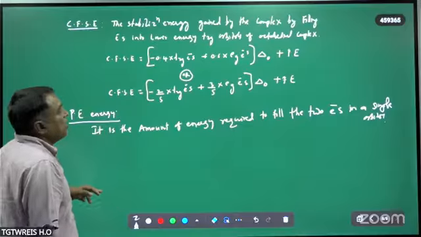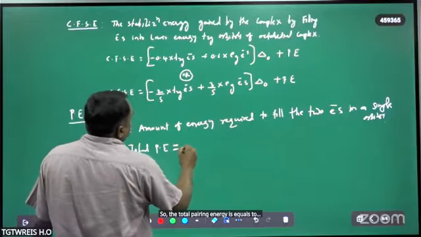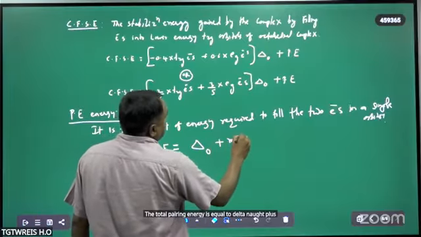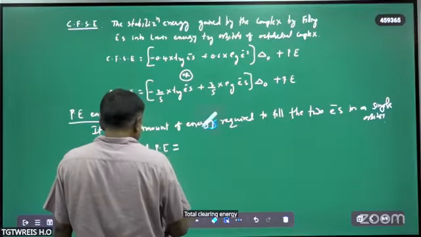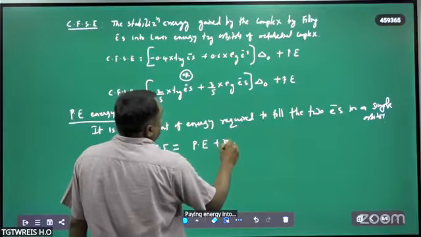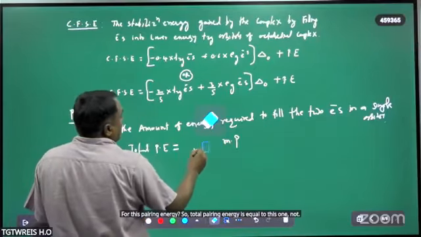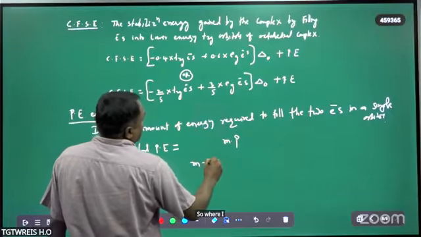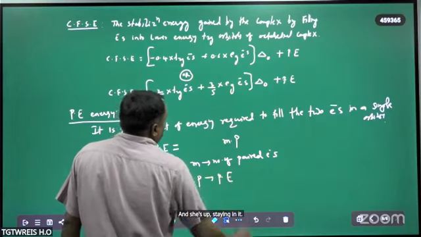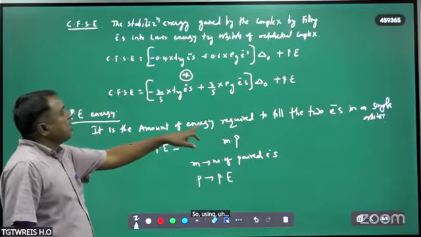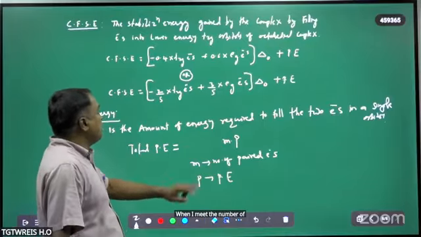So the total pairing energy is equal to m into p, where m is the number of paired electrons and p is the pairing energy. That is the amount of energy required to fill two electrons in a single orbital.